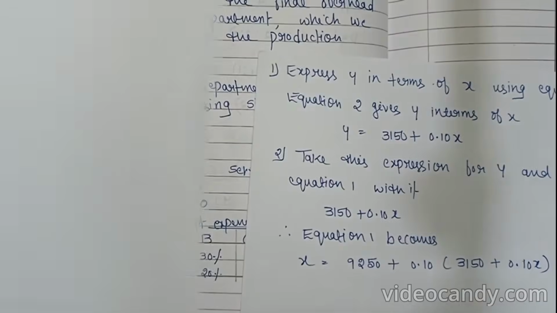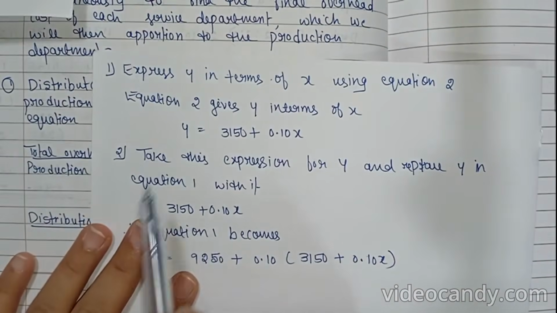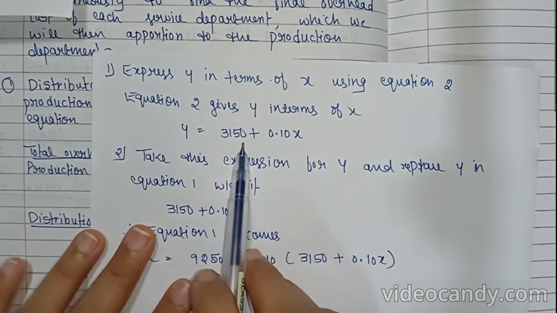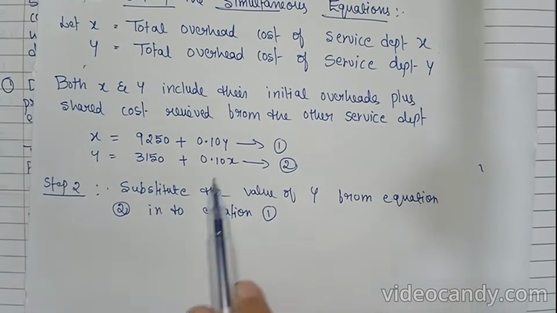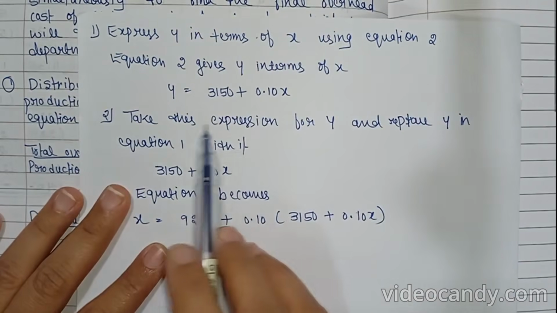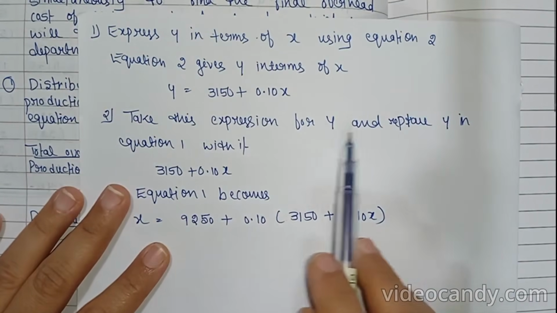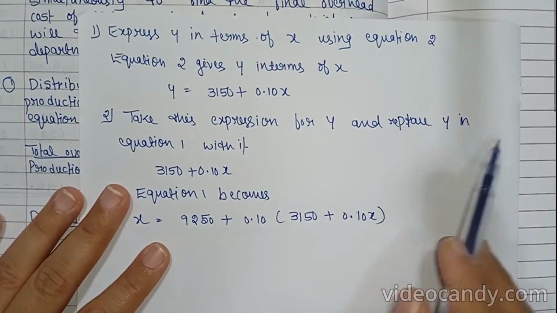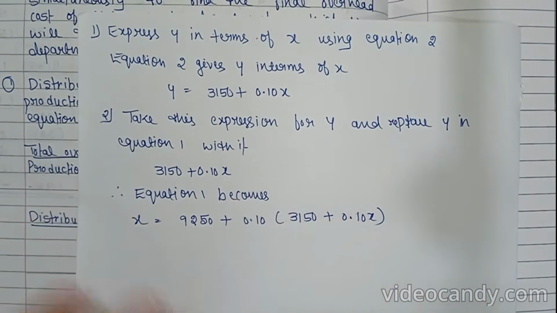First you need to write down the equation, that is y equals 3,150 plus 0.10x. After that take this expression for y and replace y in equation 1 with it.